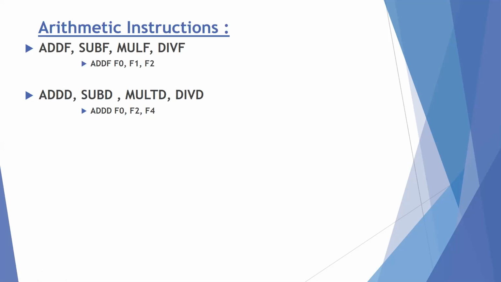So by default the contents of f2 f3 will be added with the contents of f4 f5 and the result will be stored where? f0 and f1. Very good. So it will be stored in your f0 and f1.